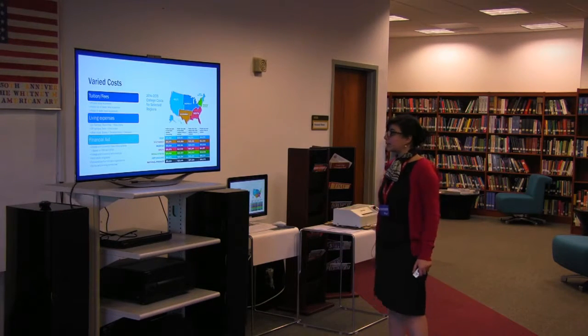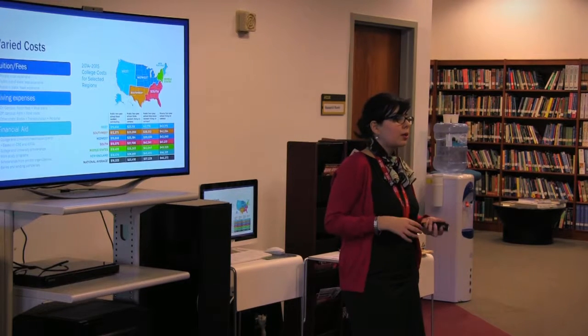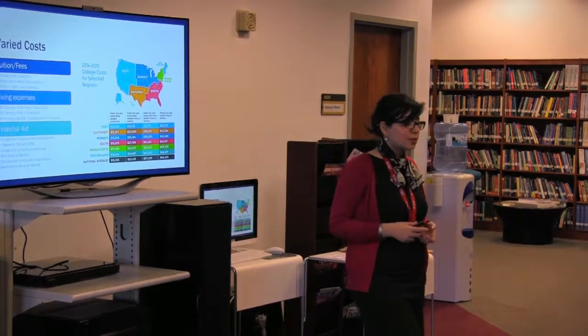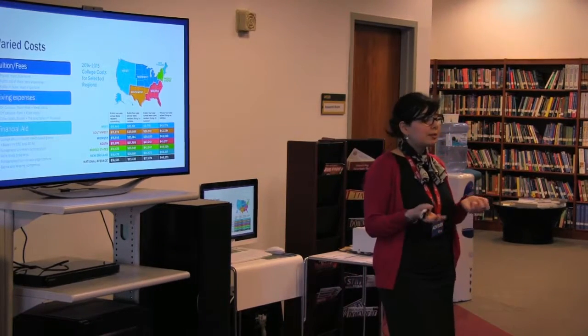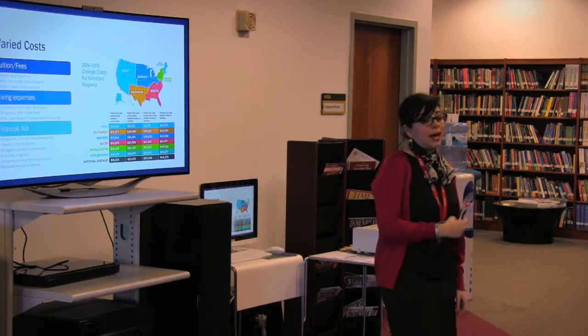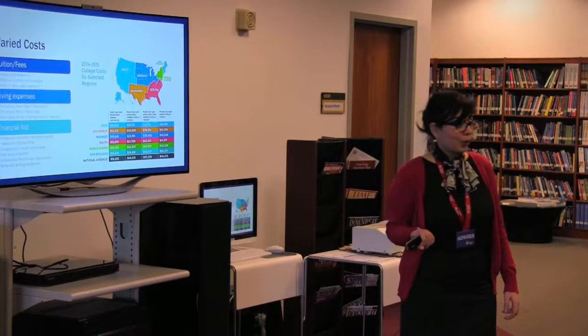Okay, so the costs. This gives you an idea about the costs, because it is true that you can get funding from universities. Several universities are really, really generous with international students, but some universities would send you an email saying, congratulations, you have a full scholarship, but only for tuition. You have to figure out room and board.